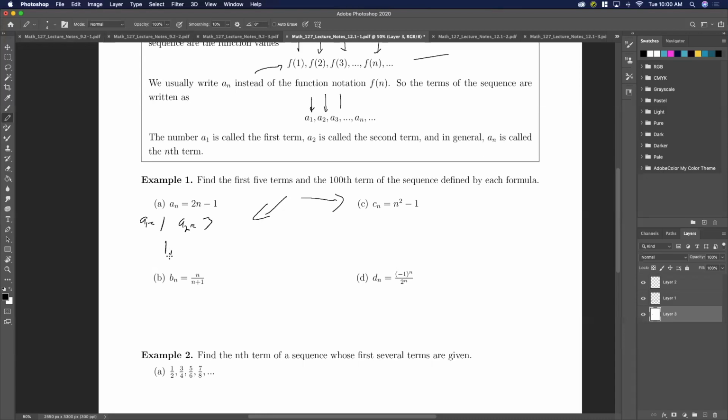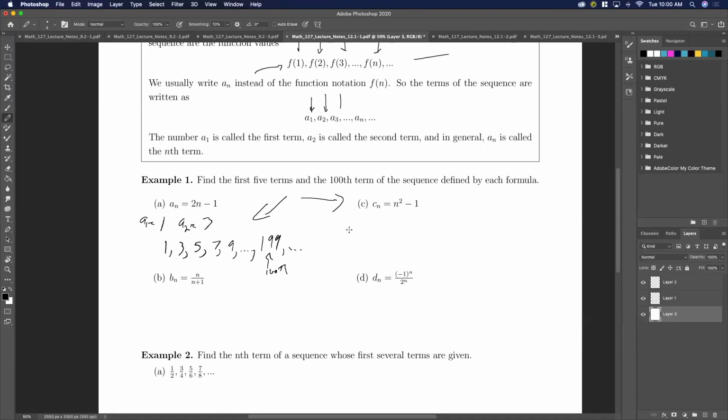We usually just put 1, 3, 5, 7, 9. And then the 100th term here would be 100 times 2, so 200, minus 1, so it'll be 199. So that's the 100th. And onward.